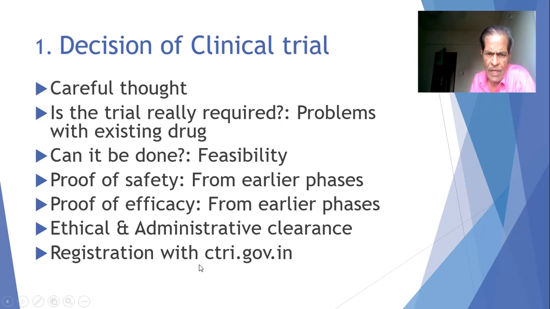If you register the trial with the ctri.gov.in, they give you a unique identification number, and that number helps others to identify and get information about your trial. The unique identification number is also required by the journals when you publish the reports of your study.